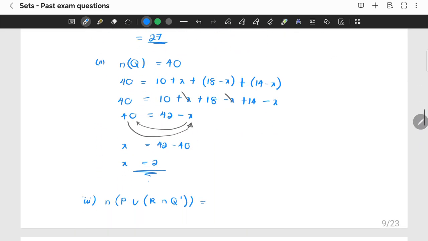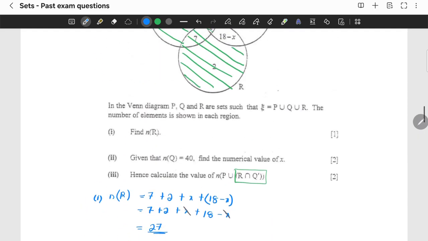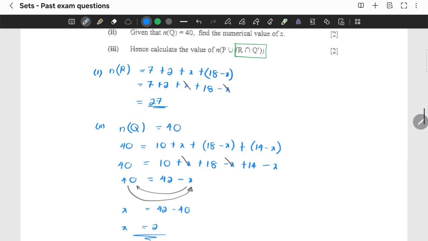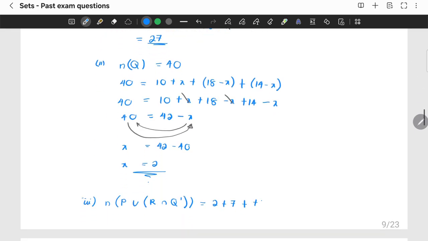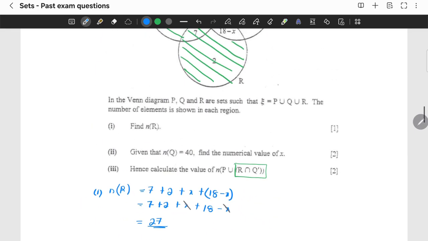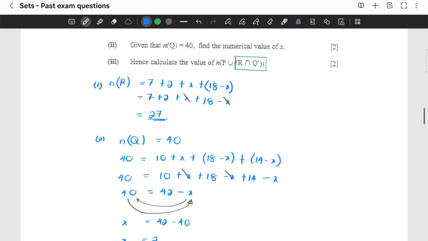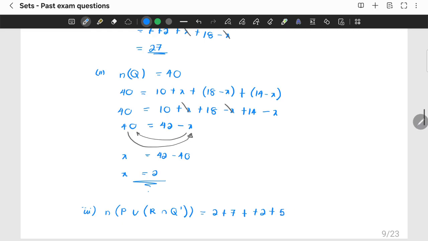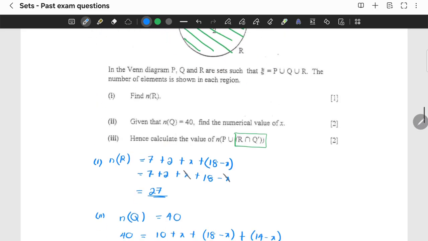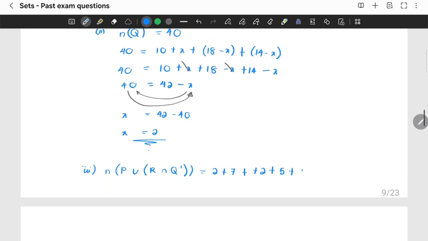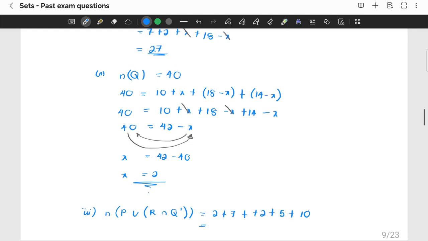We have 2 plus 7 plus that x, which we now know is 2, plus the x plus 3, which is in P, which is going to be 5, plus the 10, which is in P as well, which will be equal to 2 plus 7, that's 9, plus, did I leave something out?